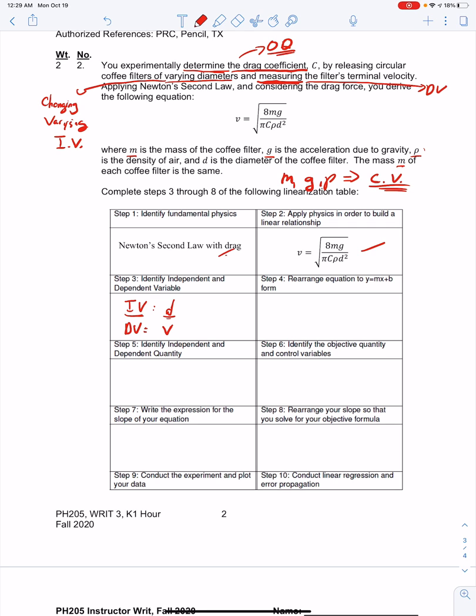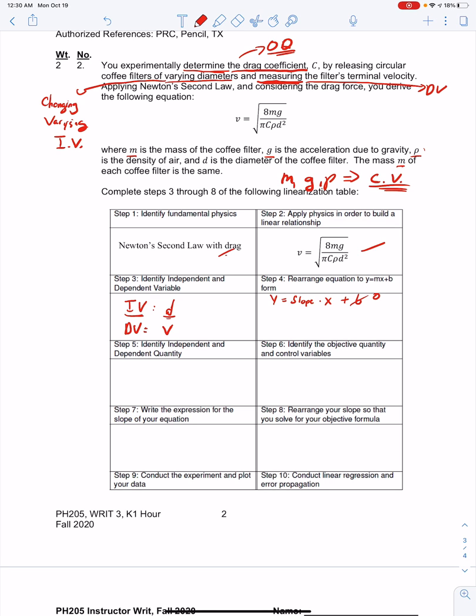So now you want to rearrange the equation to fit the linear equation. So the linear equation goes as y equals the slope times x plus b. In this situation, we don't have any intercept, so that goes to 0.